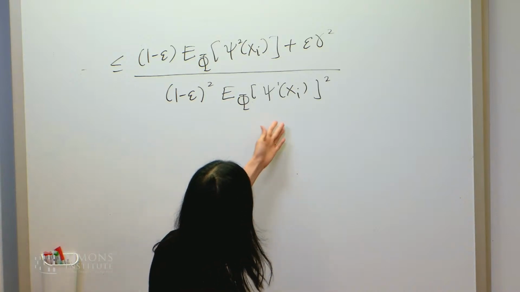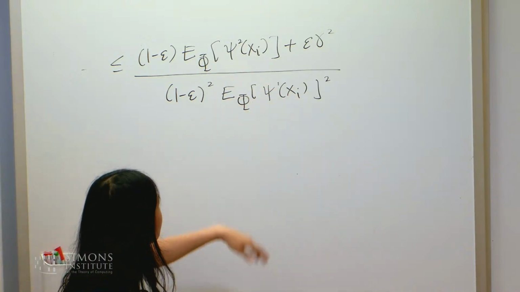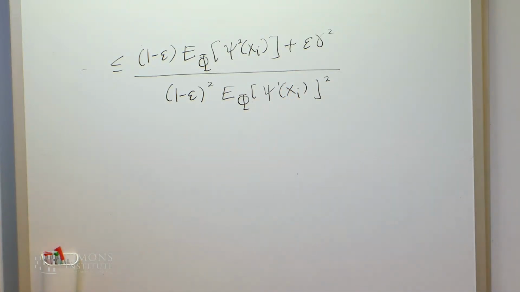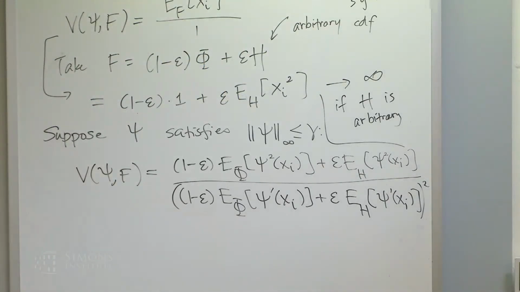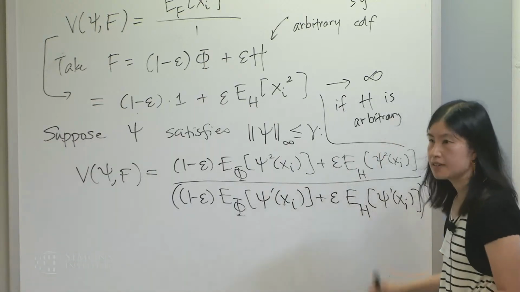And the point is that this is now bounded. So if I let h go off to whatever it is, the fact that psi was bounded means that anything involving h on the top is bounded. Yeah, because L is convex.